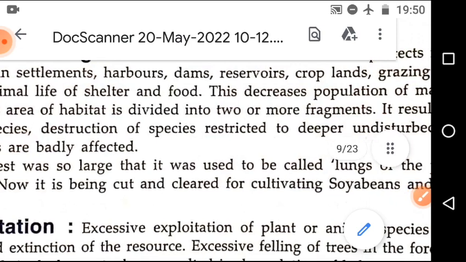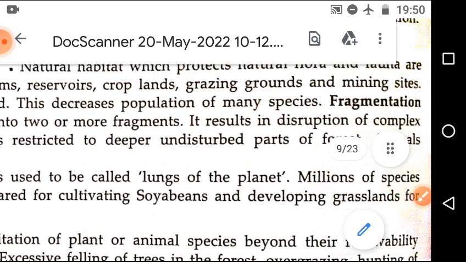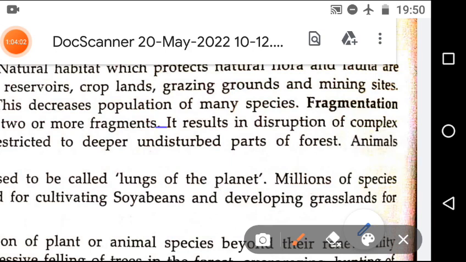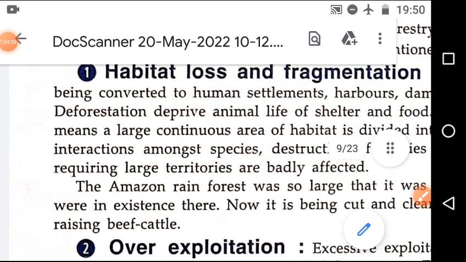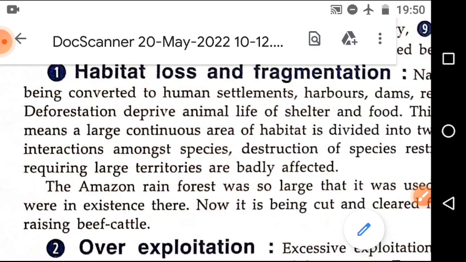Well, we are doing less damage, but although we are doing damage, it results in disruption of complex interaction among species. That's why you can see in Raipur the tiger came out from their sanctuaries, from the national parks, and are hunting here and there, killing the people.